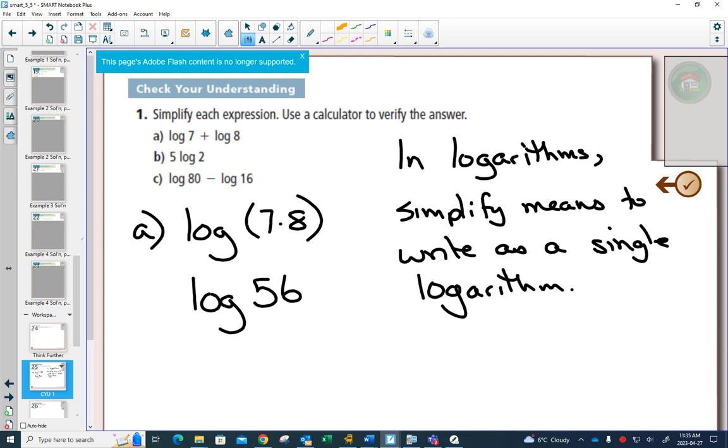And do you guys remember when it's a log, what base is here that's not written? 10. Okay, there's your hint. What is that equal to? About, approximation. 1.5. Excellent estimation. Would you agree?